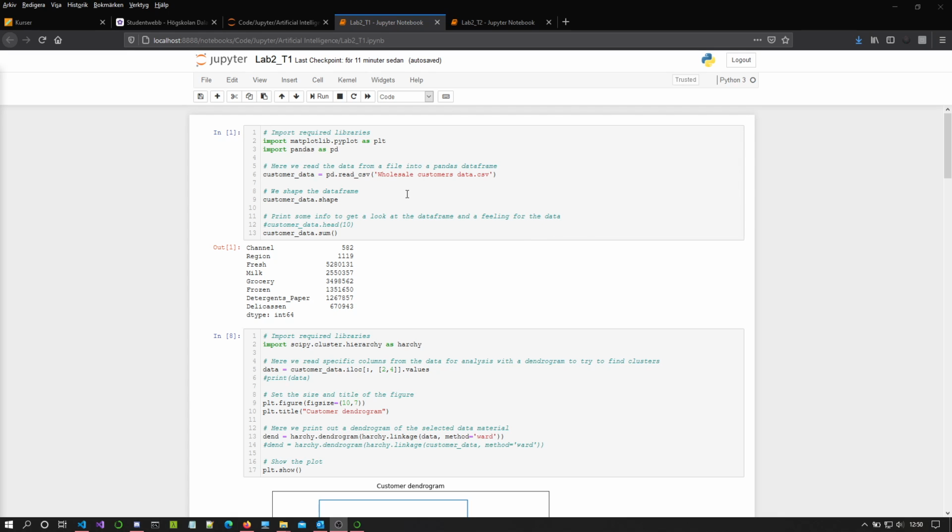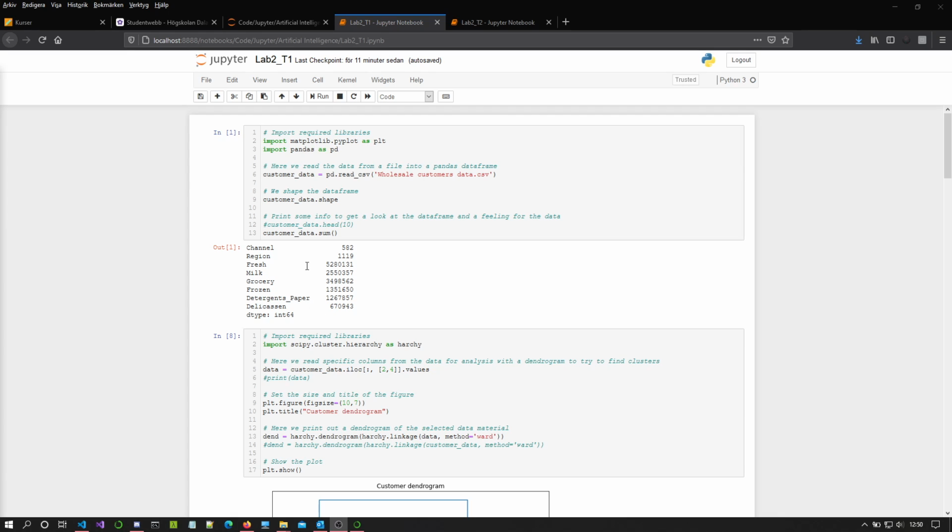I started by reading in the customer's data, and then I printed out the sum of the data to be able to see the total sales amount for each column or area, so to say.